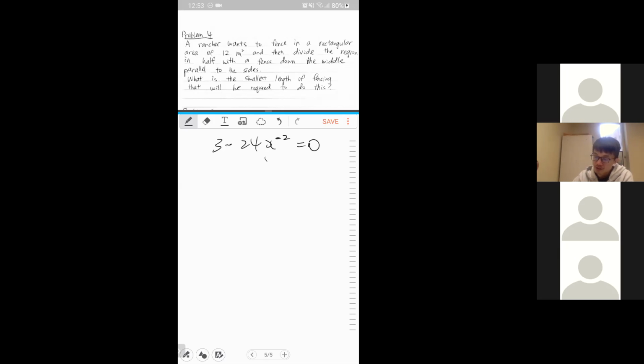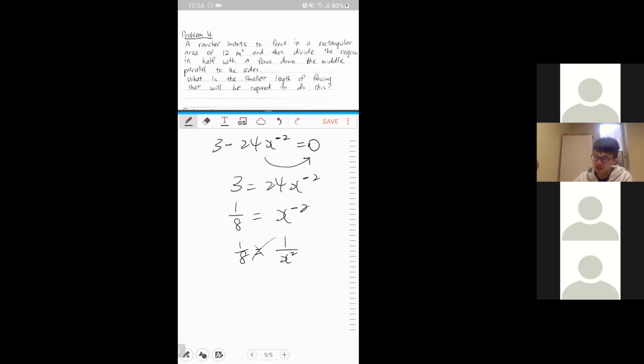Okay, so put that to the right hand side. You get 3 equals 24x to the negative second. Divide both sides by 24, so you get 3 over 24, which is 1/8, equals x to the negative second. So 1/8 equals 1 over x squared.